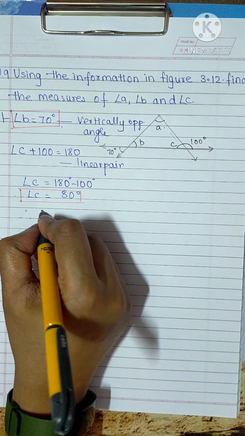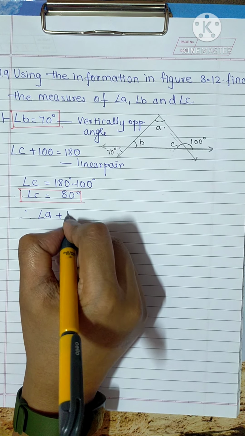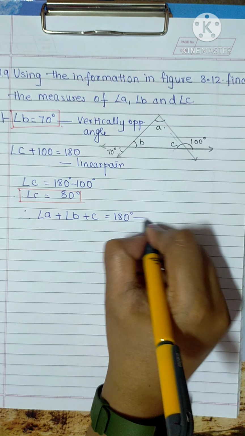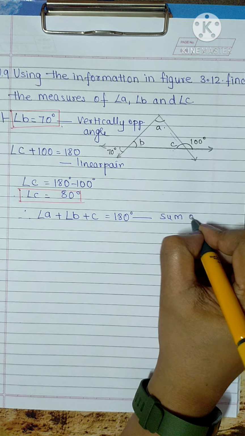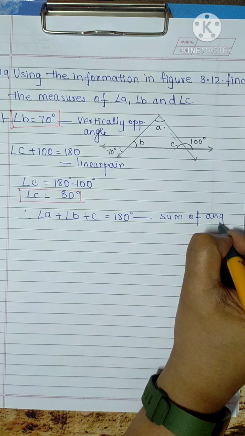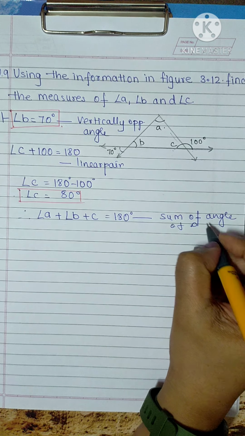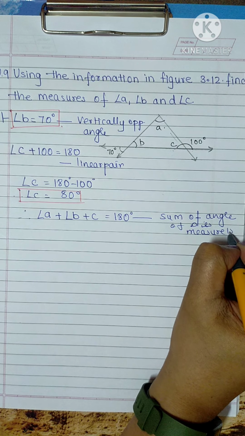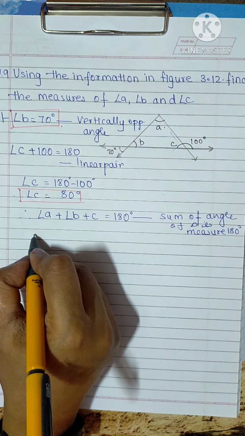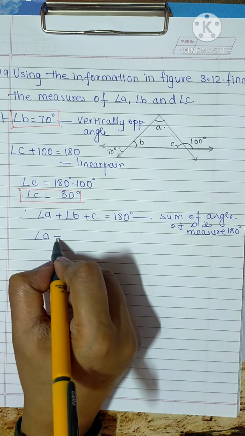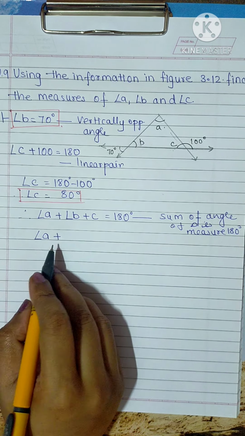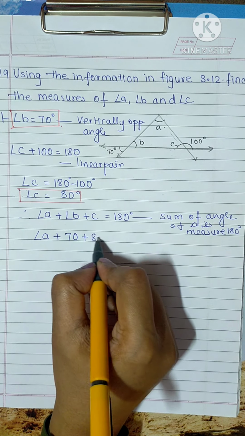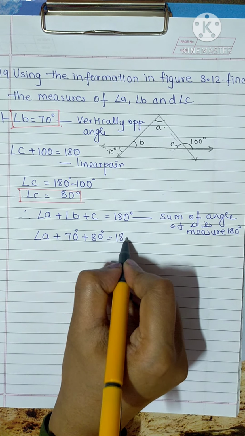Now therefore we'll write angle A plus angle B plus angle C is equal to 180. Why? Because of the sum of angles of a triangle is 180. Now angle A we don't know, so we are writing like that only, plus angle B is 70, angle C we got 80 degrees, equal to 180.